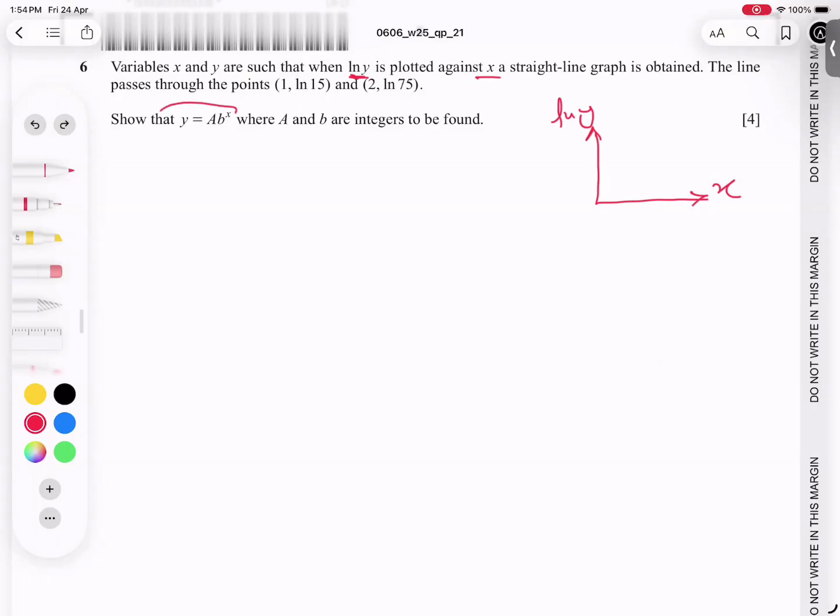We have to show that this equation holds, where a and b are constants to be found. So we have to find this format. According to the situation, this line equation represents how? If we have y here and x here, we write y = mx + c.